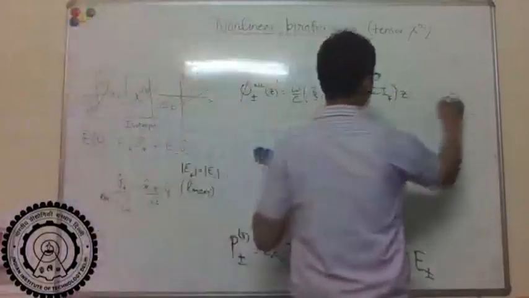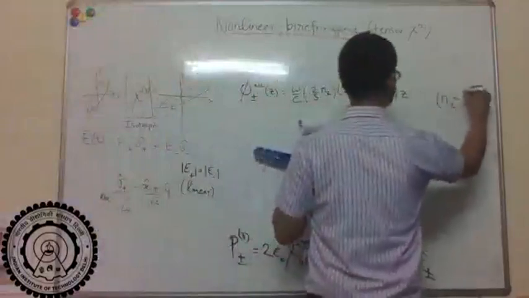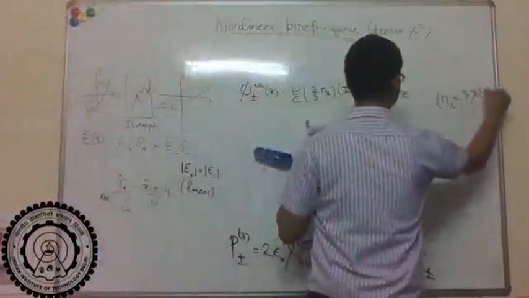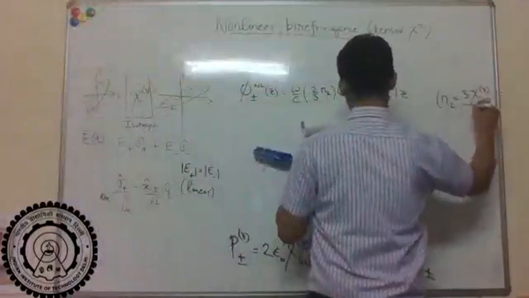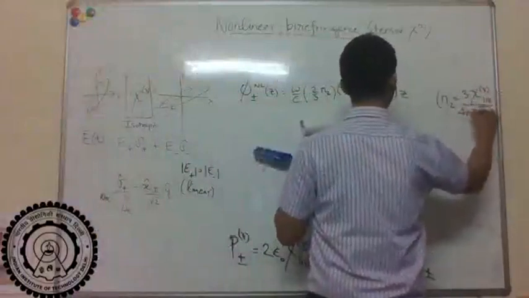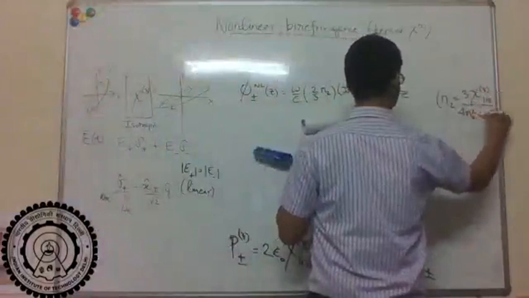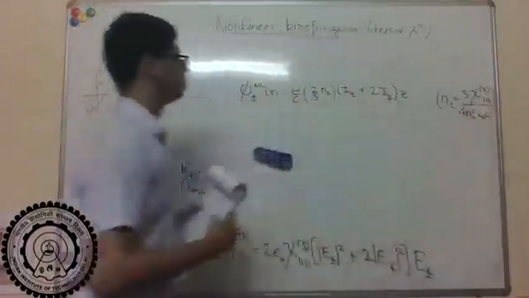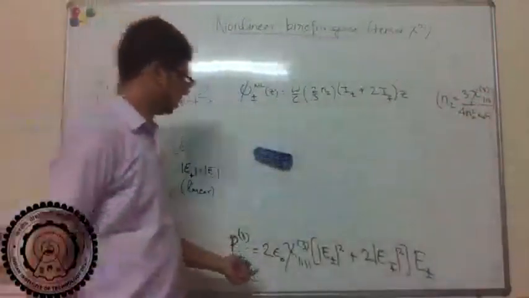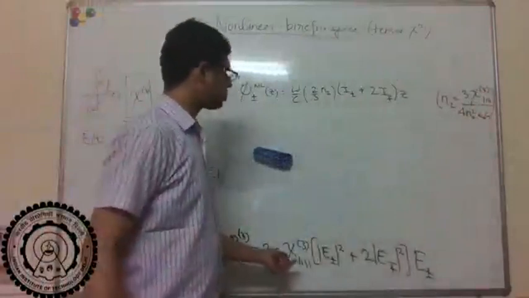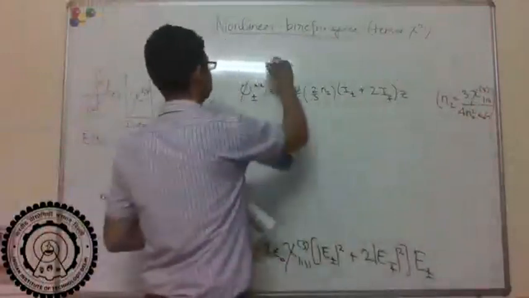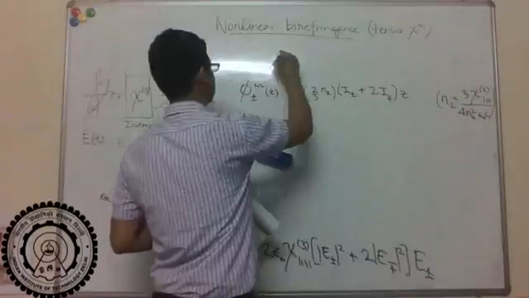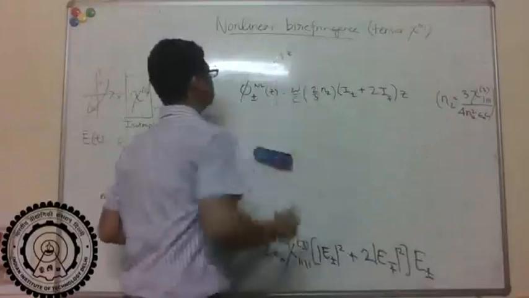where N2, if you recall, depends on chi3, right? So this we know is omega over c N2 I z, right?